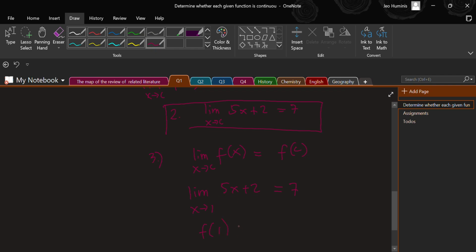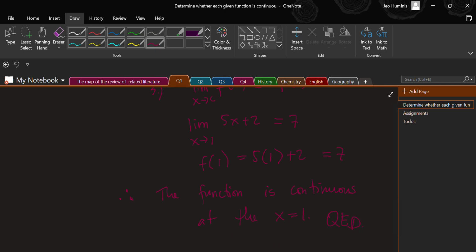F of 1 is equal to 5 times 1 plus 2, which is just equal to 7. Therefore the function is continuous at the number x is equal to 1. QED. We're done.